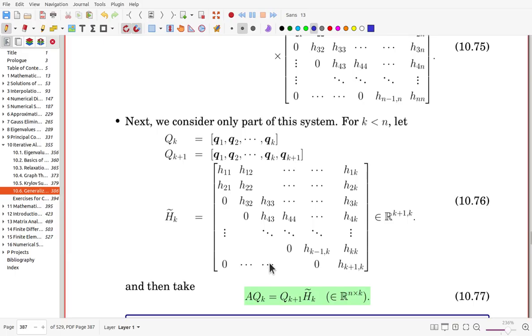It is not a square matrix. It has k columns and k plus 1 rows. With this definition, we can easily verify that A Qk is Qk plus 1 H tilde k. Quite easy to verify.